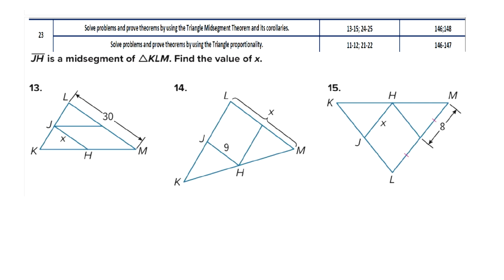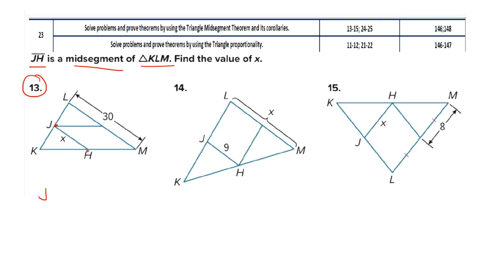So here you are given that GH is a mid-segment. By the definition of the mid-segment, it joins the midpoints of two sides of the given triangle KLM. We have to find the value of X. Very, very easy. In the first one, question 13, JH is already given to be a mid-segment, meaning points J and H are the midpoints of the sides KL and KM.